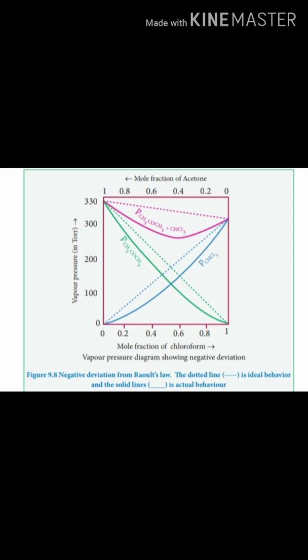Examples of non-ideal solutions showing negative deviations: acetone plus chloroform, chloroform added to diethyl ether, acetone added to aniline, chloroform added to benzene. This vapor pressure diagram shows negative deviations, x-axis mole fraction, y-axis vapor pressure. The dotted lines show ideal behavior. The solid lines show actual behavior.